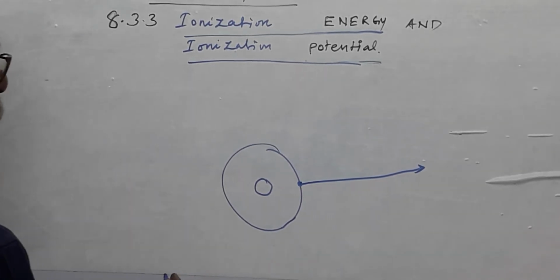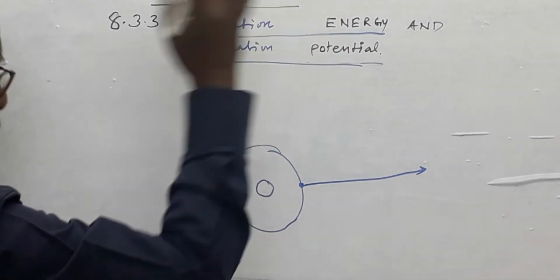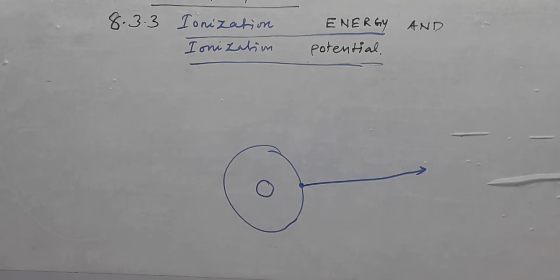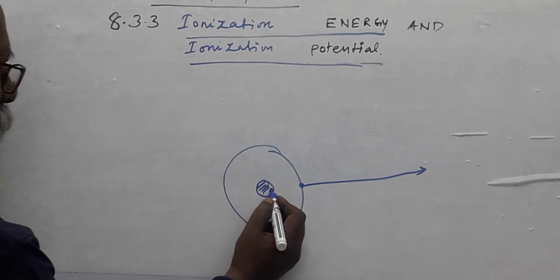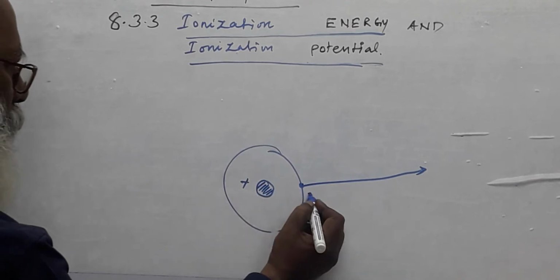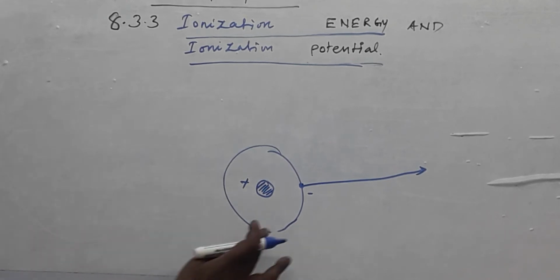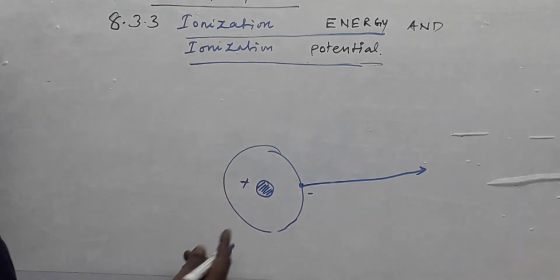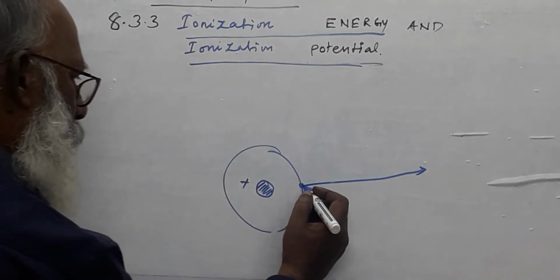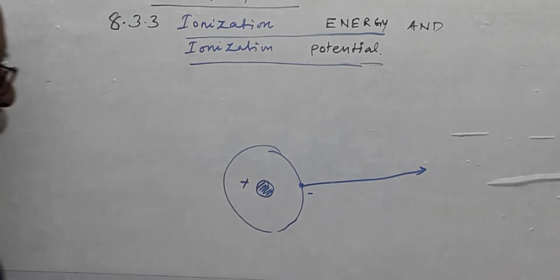Once again I repeat, if you want to find the ionization energy, you have to consider an atom, with the nucleus in the center, positive, and the electron, negative. An atom is said to be ionized when you bring this electron completely away from the nucleus, or completely removed from the nucleus.